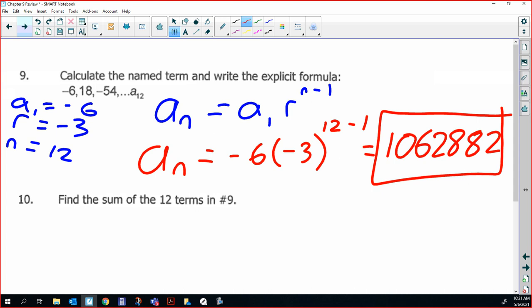Let's change that. All right, now to find the sum of the first 12 terms.